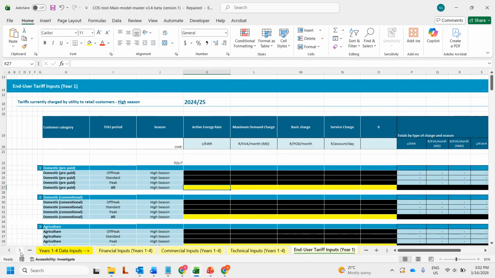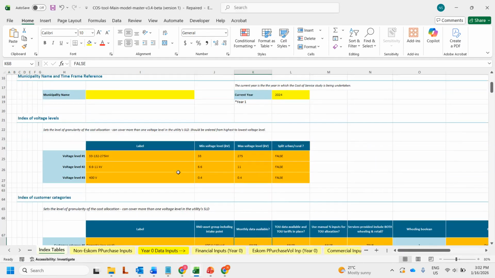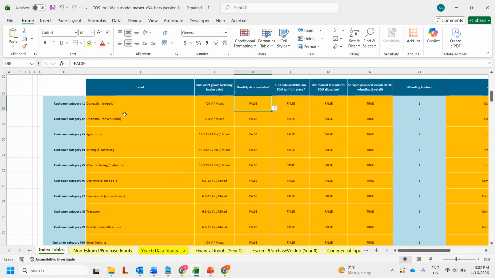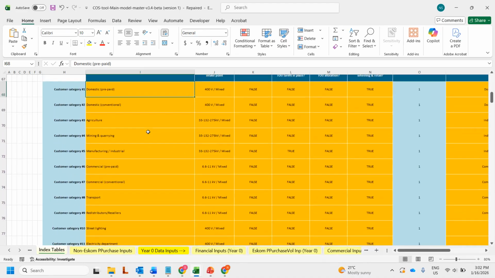The alternative, in the index tables, is to make the customer categories here match your tariff book. But that does come with its own problems, because once you change these, they don't line up nice and easily with the deforms anymore.